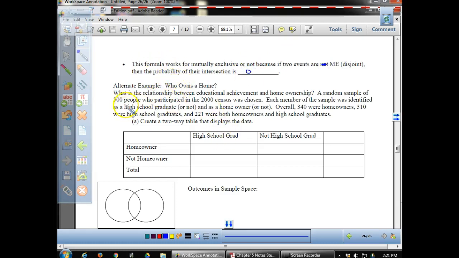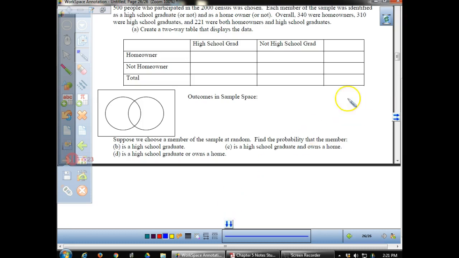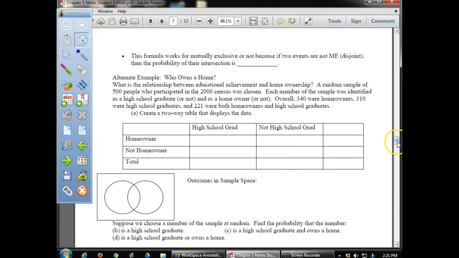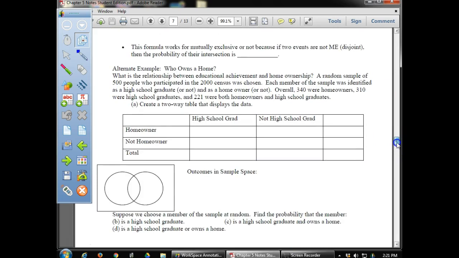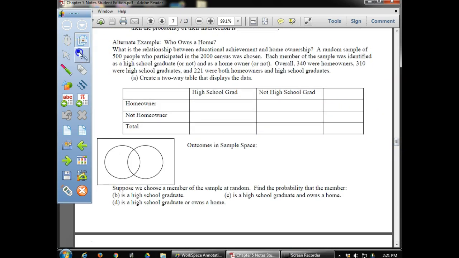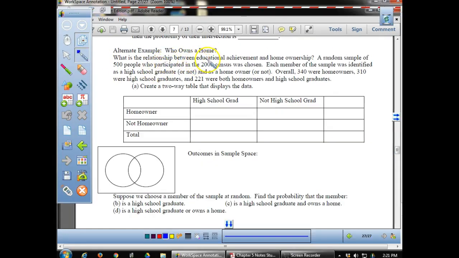Okay, we have a little scenario here. We're going to do both a two-way table and a Venn diagram and talk about the sample space. So read the problem there and see if you could set it up yourself. What is the relationship between educational achievement and home ownership? A random sample of 500 people who participated in the 2000 census was chosen.